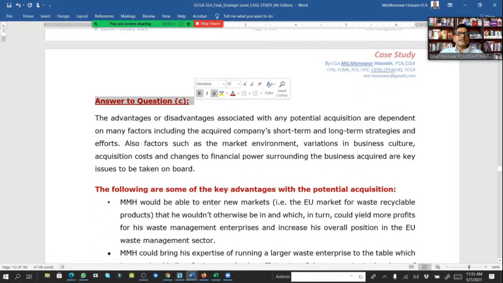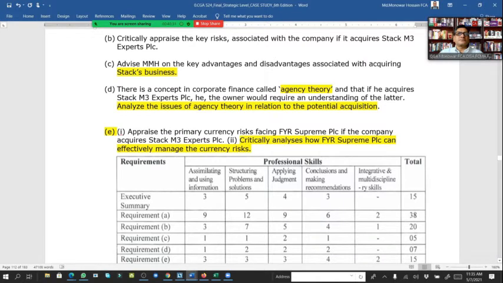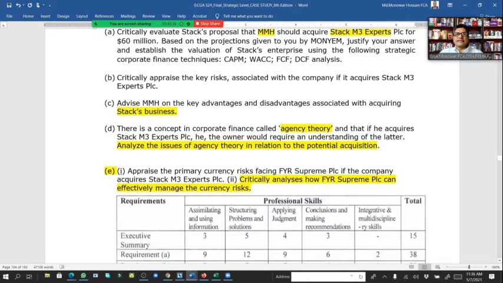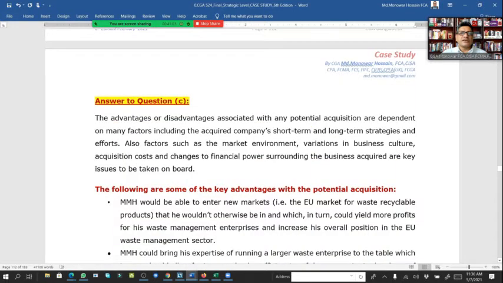And now the answer C. That means advise MMA on the key advantages and disadvantages associated with acquiring that business. The advantages and disadvantages associated with the potential acquisition depend on many factors, including the acquired company's short-term and long-term strategy.